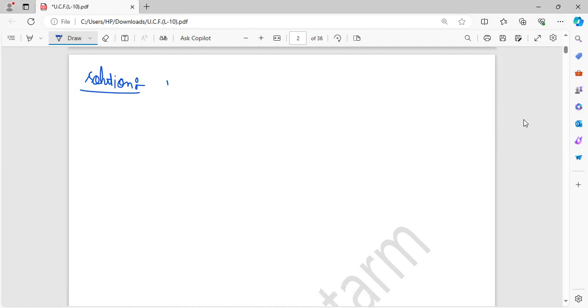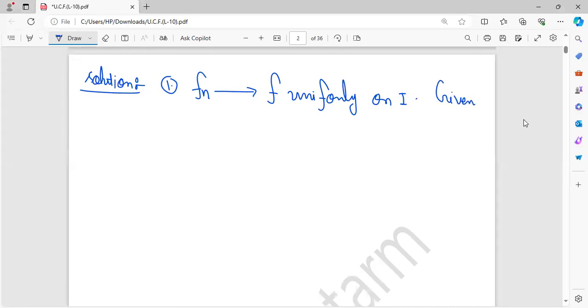First part: we are saying f_n converges to f uniformly on I. So given that f_n converges to f uniformly, what does it mean? It means this sequence is uniformly Cauchy.